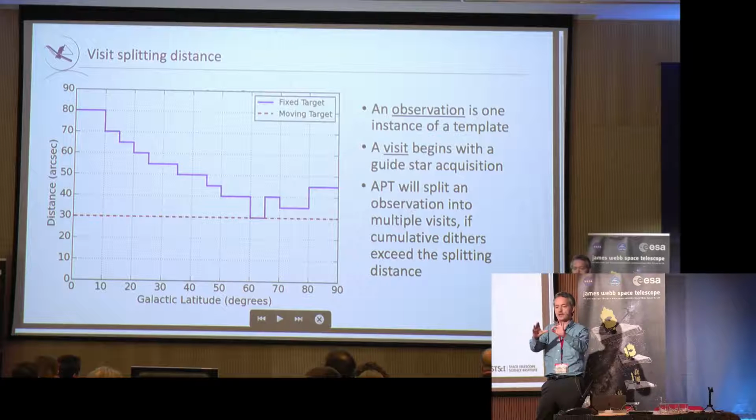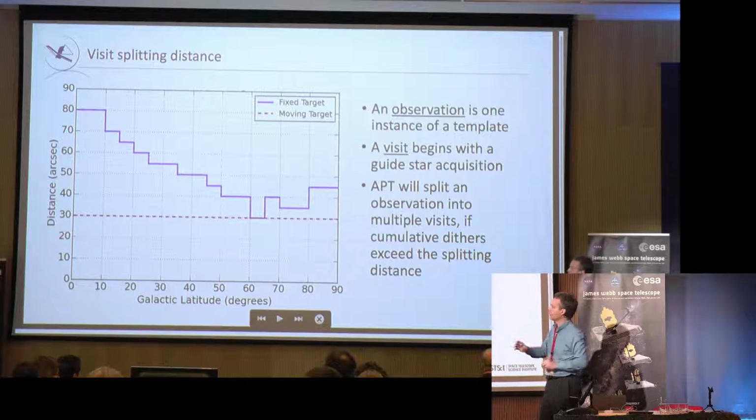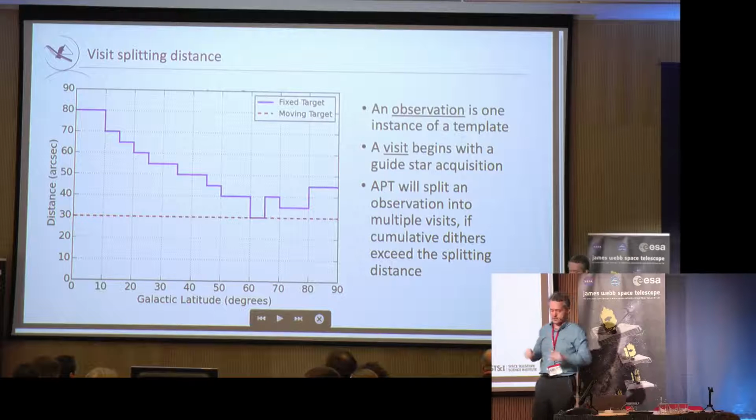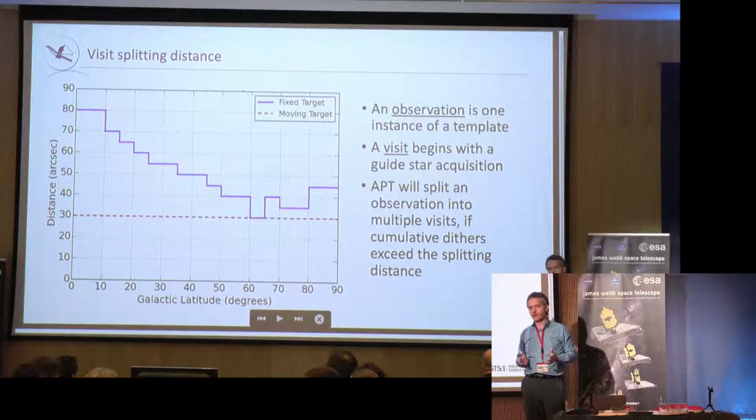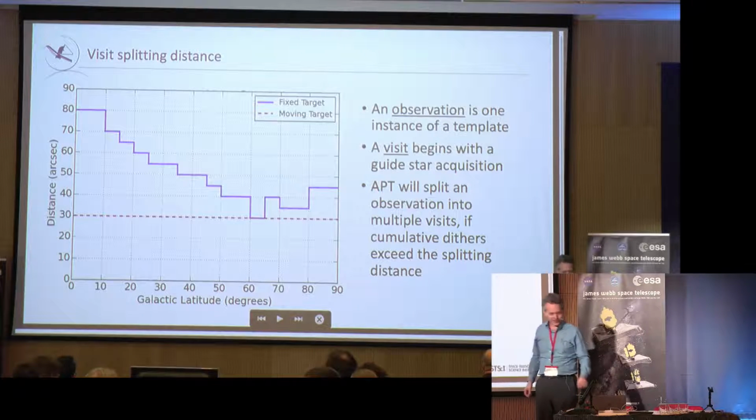In other words, you're pretty likely to be able to find a guide star near the middle of the guider that can move around. But as you get above the galactic plane, the density of guide stars goes down, so we have to be more conservative. And in the worst case galactic latitude band, we're only reasonably confident with 30 arc seconds. So that's what all that visit splitting stuff was. It's not really important to parallels, but since I had the floor, I thought I would explain it.